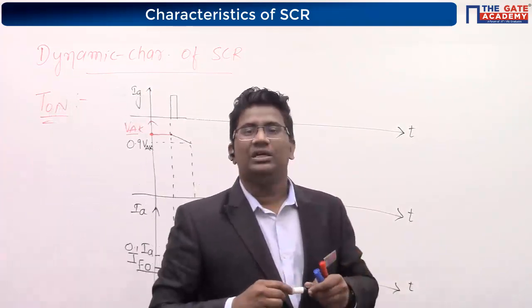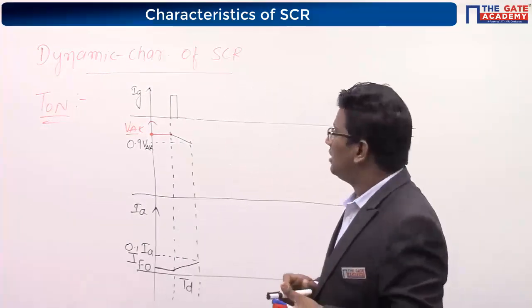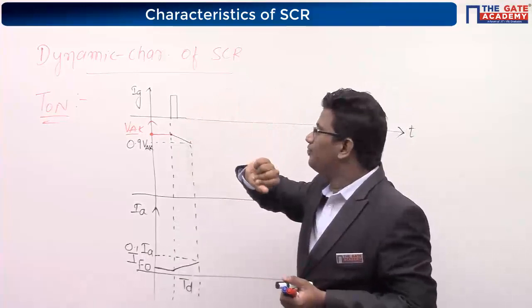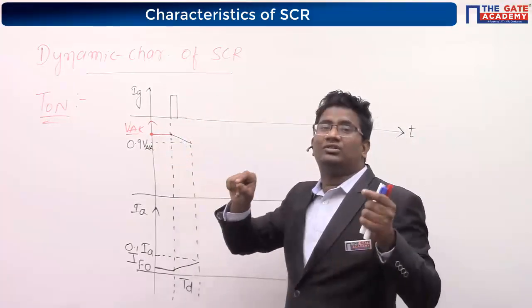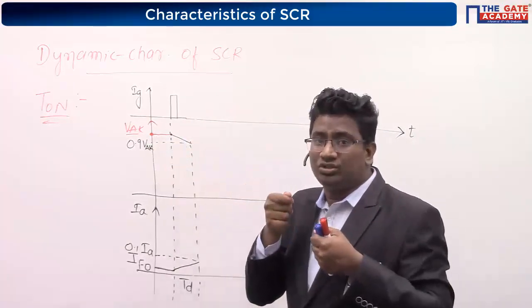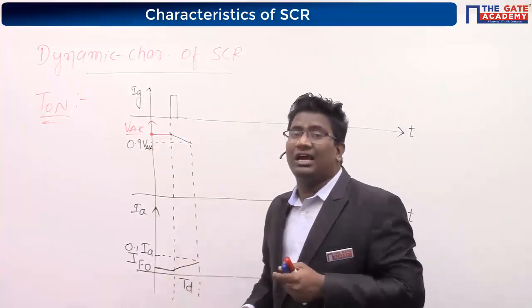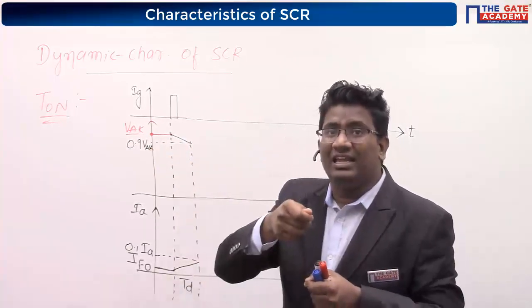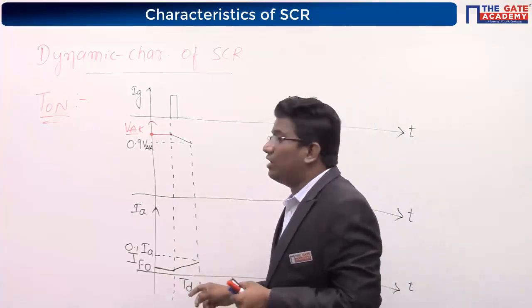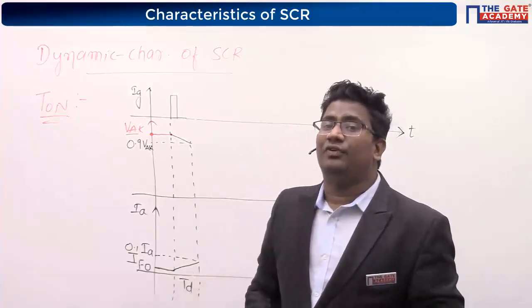which is denoted with TD. It means once I give the trigger pulse, your anode to cathode voltage begins to slowly decrease and anode current slowly increases. At which rate, and from where to where?